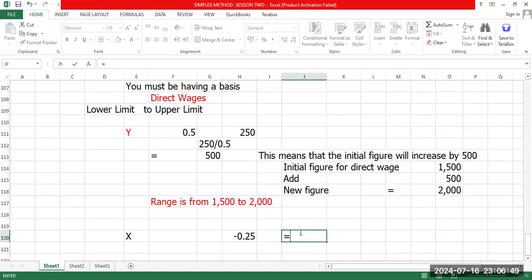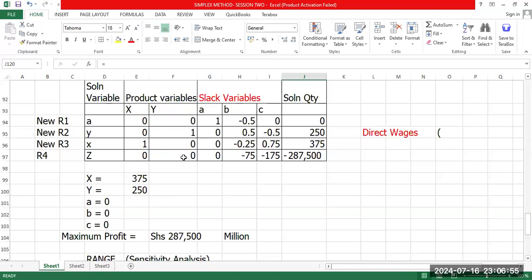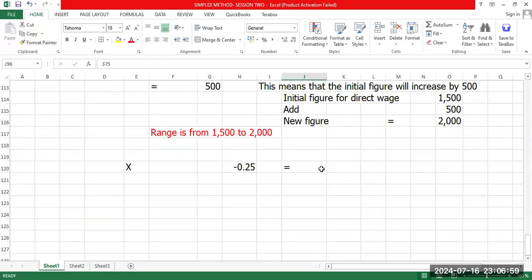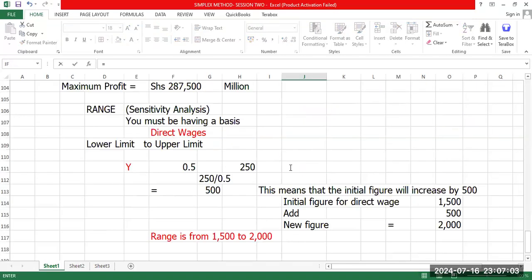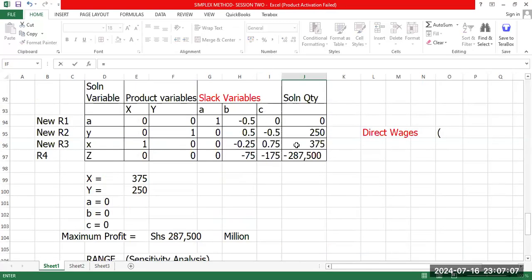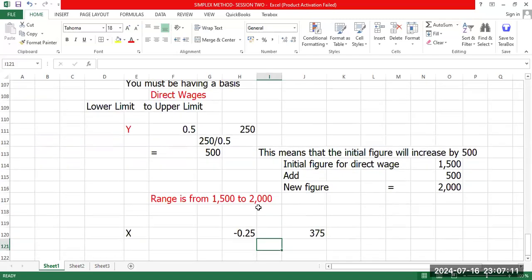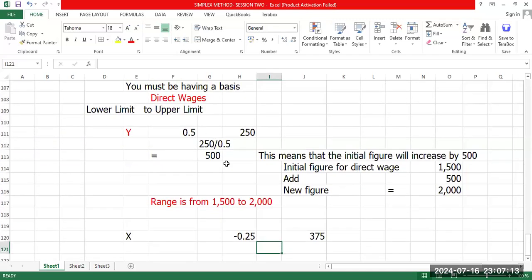Then the solution quantity. Solution quantity is what? This one, 375. Once you do that, you follow the way I was doing here.